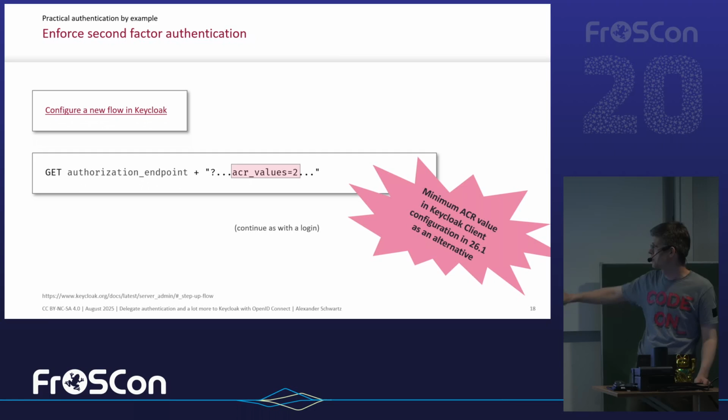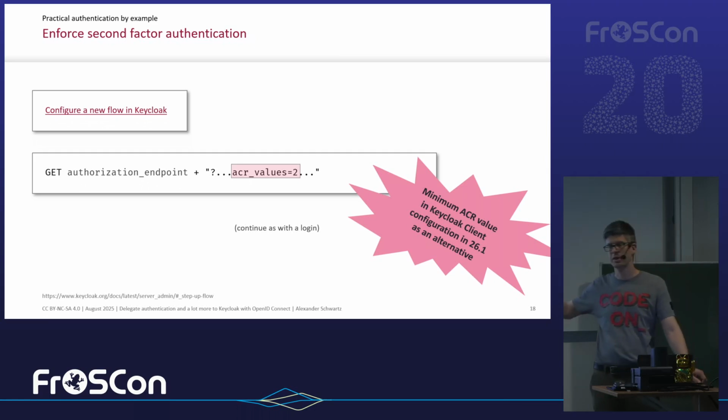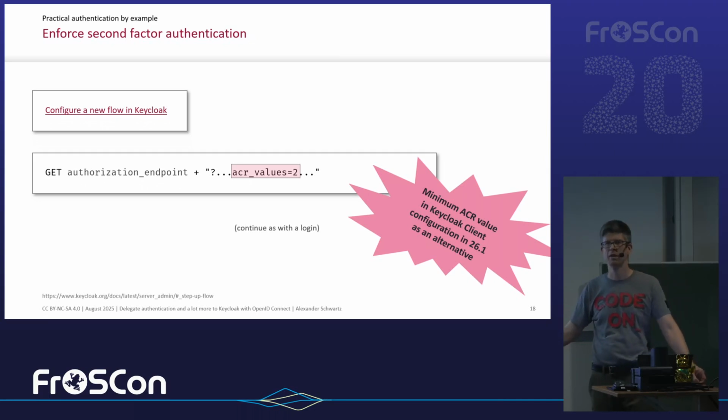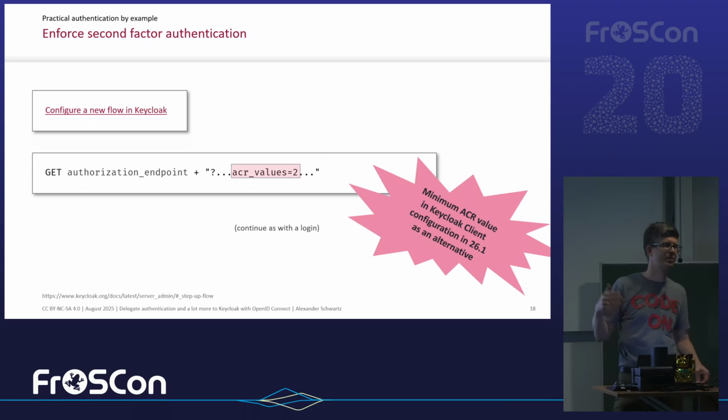Again, with these second factor configurations, you can make it so the second factor is asked for, and then it will not be asked for that many seconds. And when the second factor is asked for again after an hour, then okay, the second factor pops up again. So that's possible to configure. Again, it's a very, very powerful thing. Of course, you can shoot yourself in the foot with very powerful things as well.